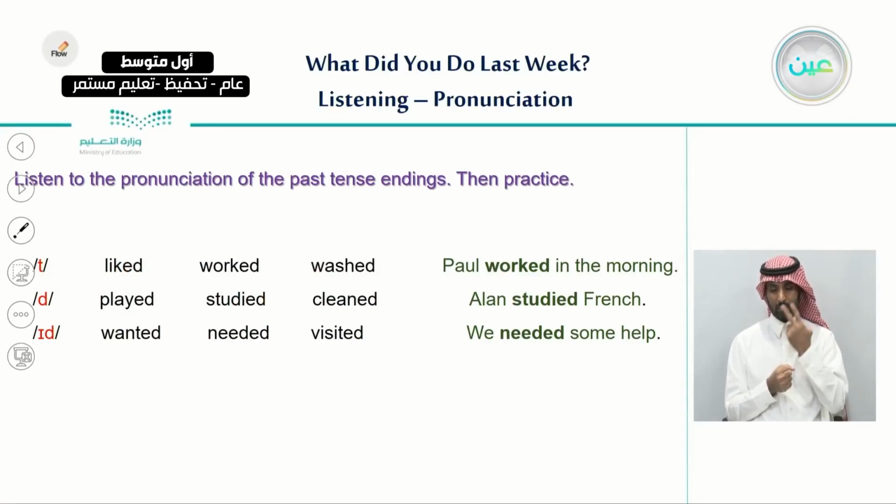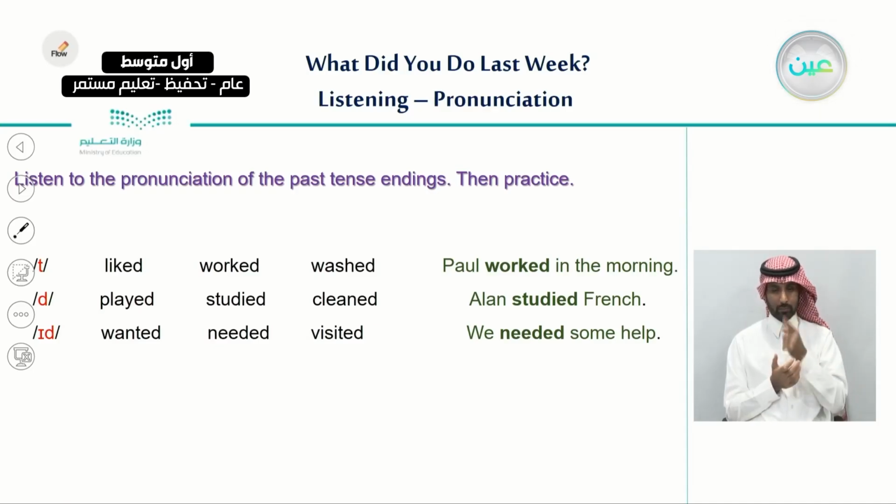We usually pronounce the ending of these verbs with the sound T. For example, we say liked, also worked, and here washed. For example, when we have a sentence like this, Paul worked in the morning.